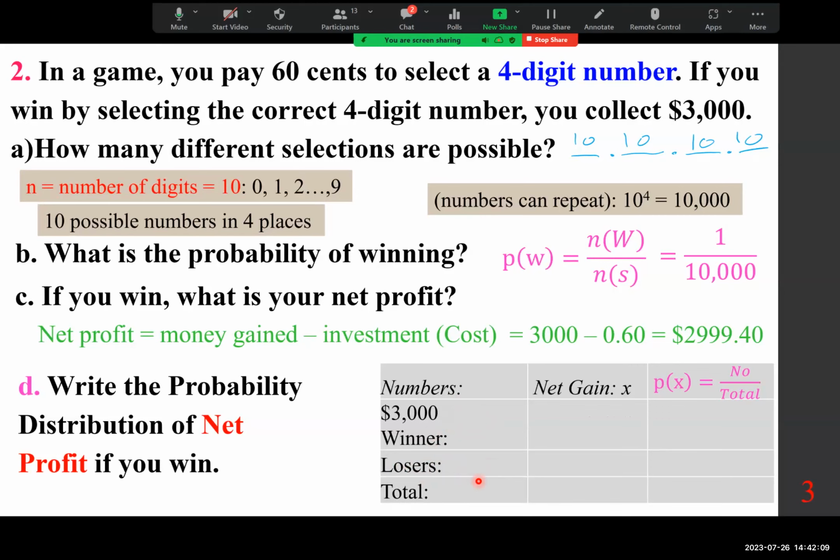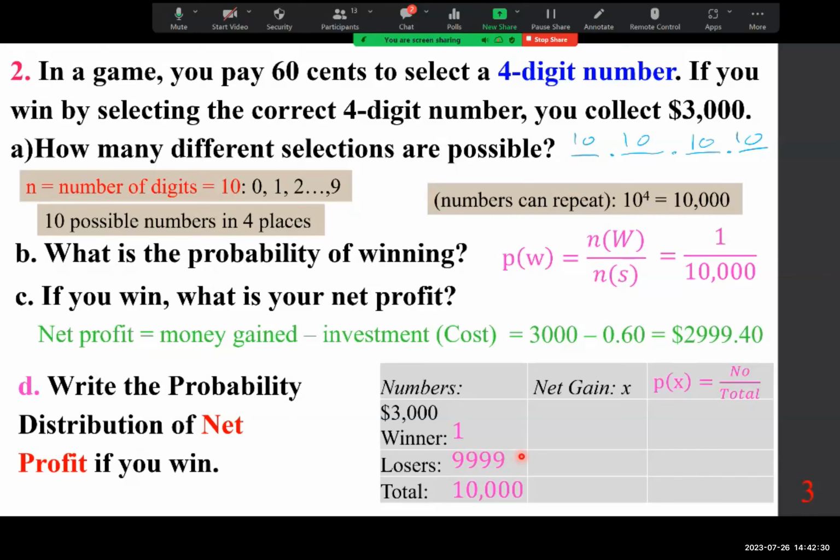The total is 10,000. So everybody else will lose, 9,999. So that's the first column. There's only one way to win, so there's only one winner, total of 10,000, right? So the rest would be the number of losers.